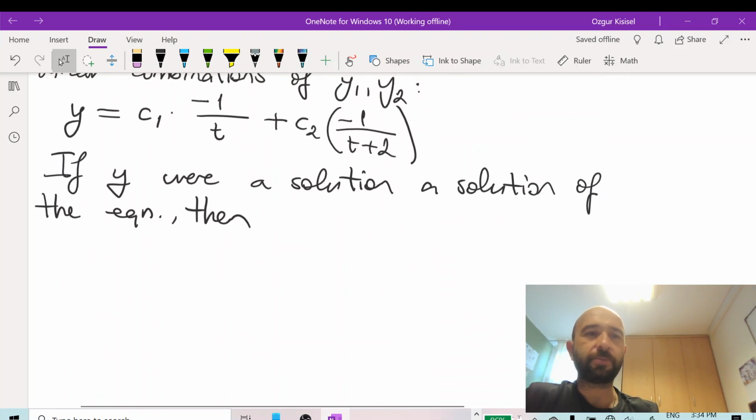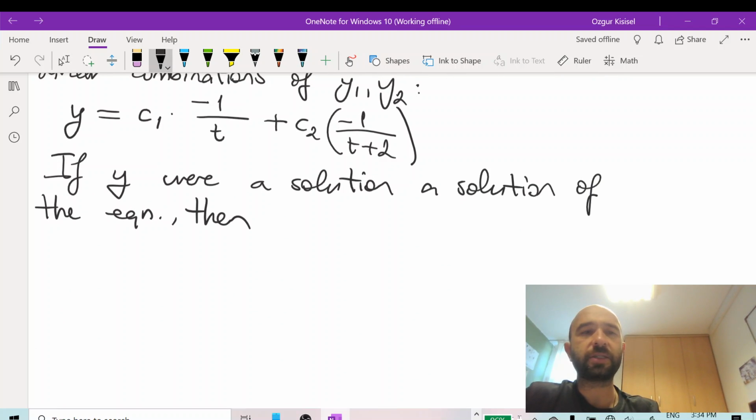Well, the second cannot happen. The sum cannot be identically 0 unless c1 and c2 are both 0. That's a special case. But let's look at the other one.